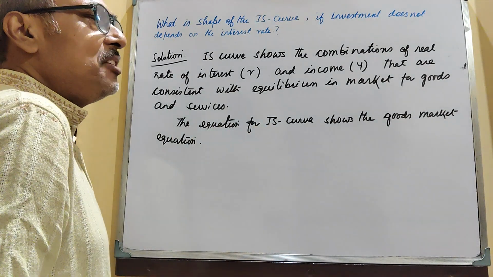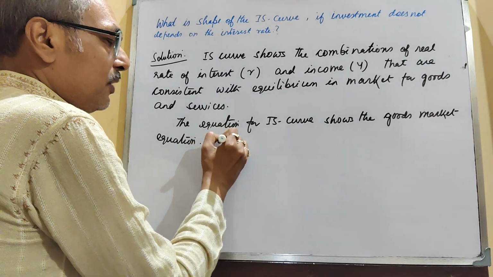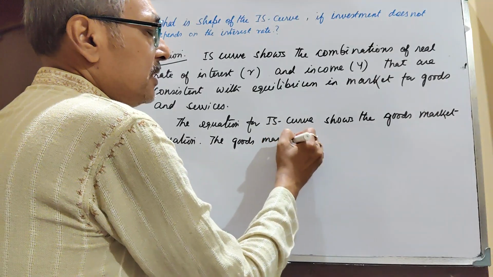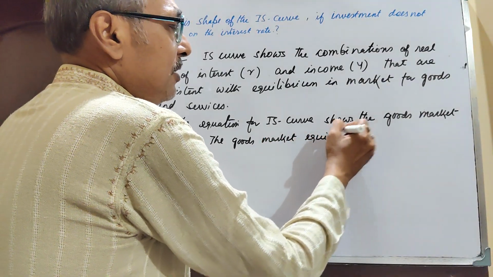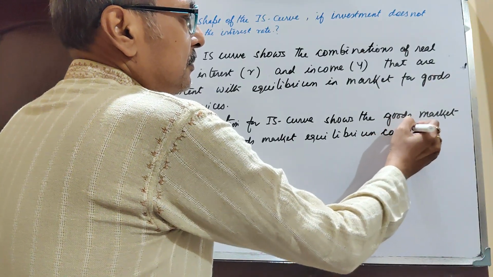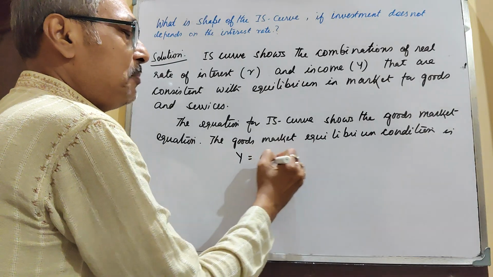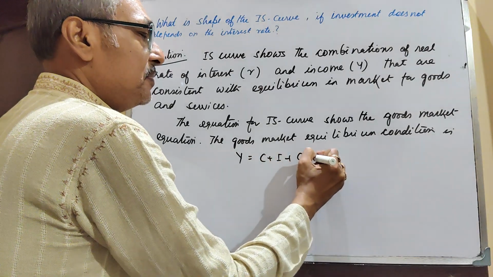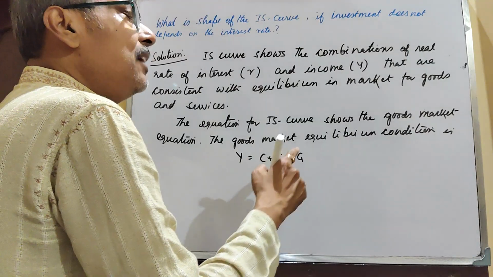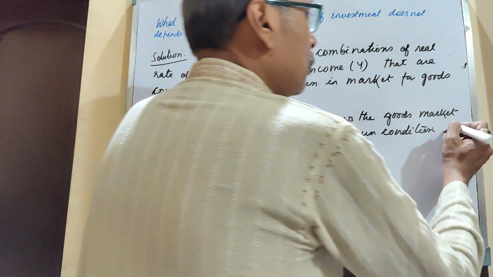The goods market equilibrium condition is Y equals C plus I plus G. This is in the closed economy. Goods market equilibrium condition in the closed economy.